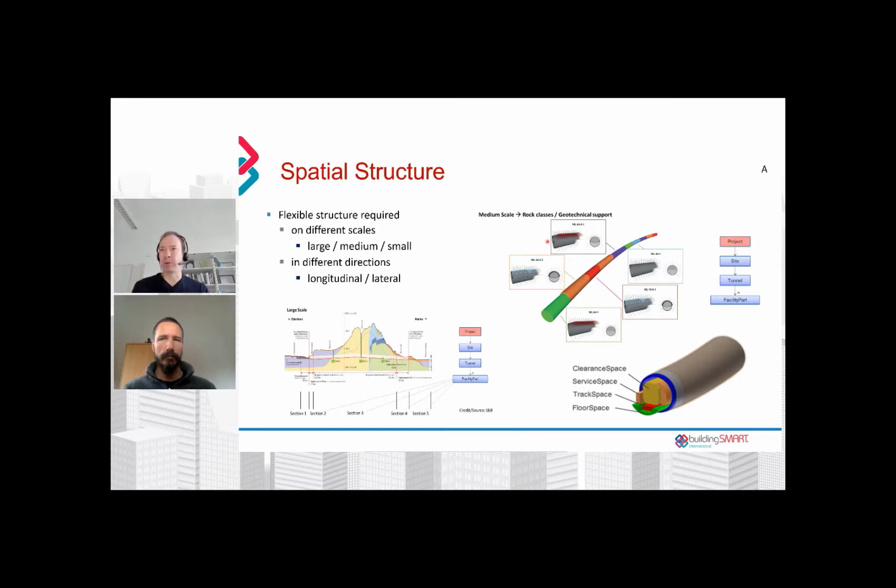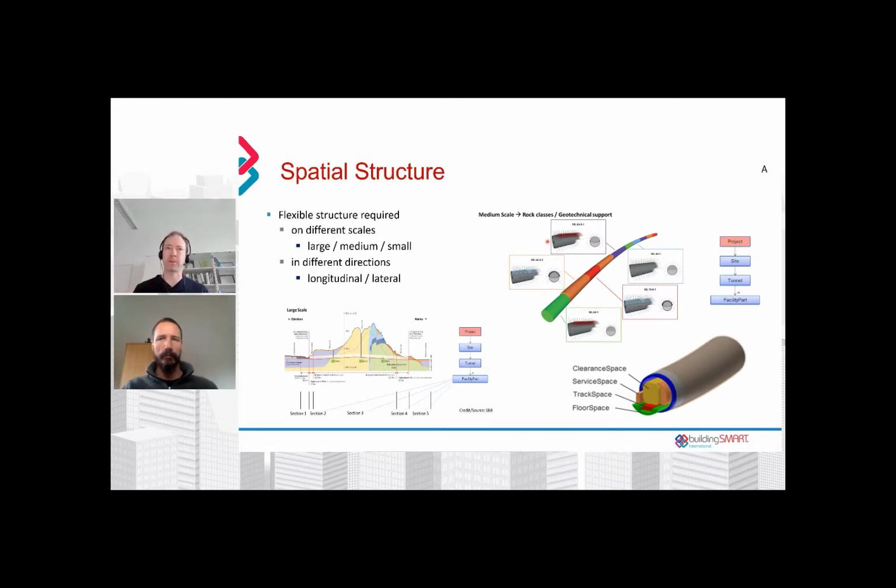And well, our domain experts told us that this is really an important aspect of tunneling and needs to be represented also in the spatial structure. So that would be one option, to have in the longer sections, again, smaller sections representing these different rock classes.